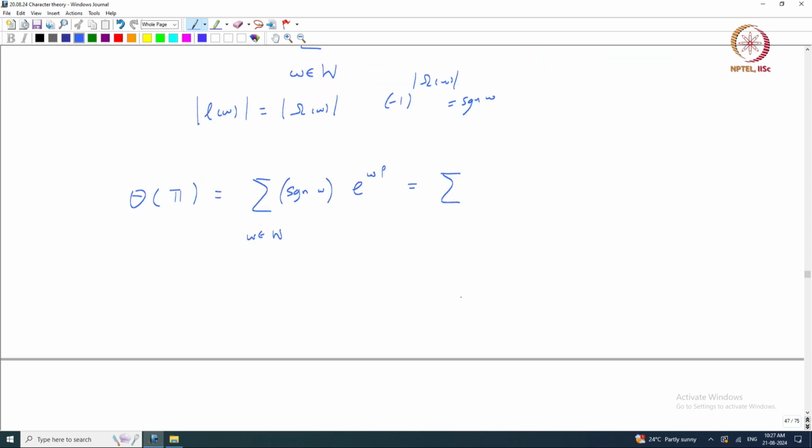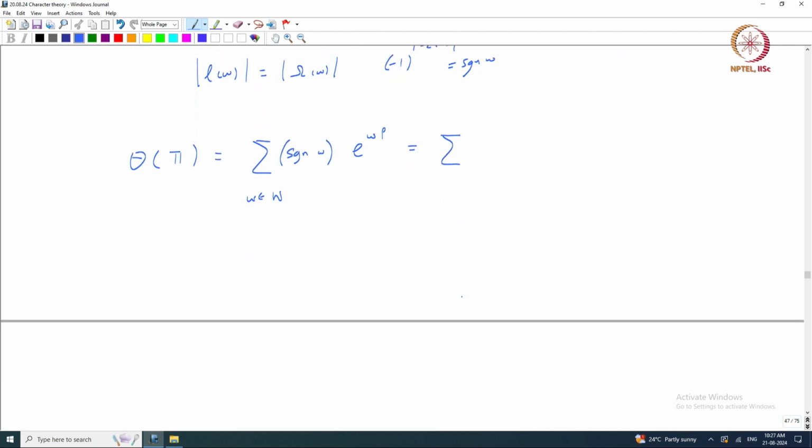But we know that theta of pi can be thought of in a different way. So, if you actually think about it, because this is sigma, you can see that theta of pi is nothing but theta applied on e power rho.